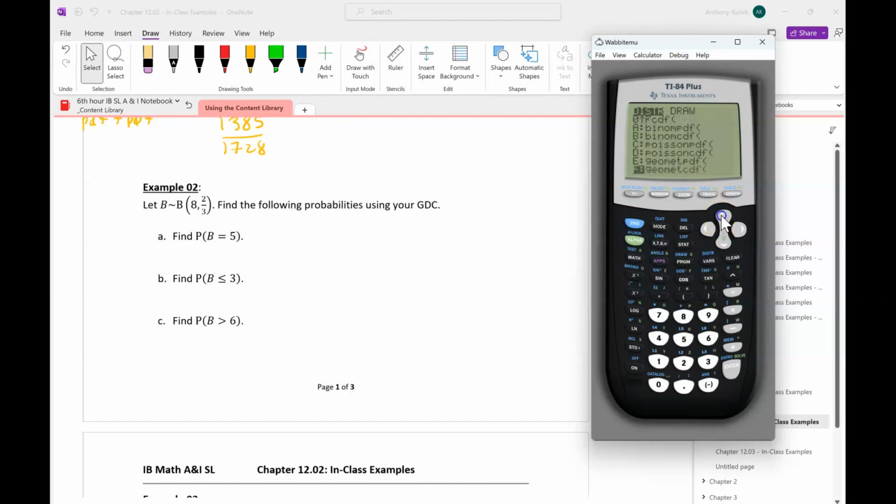Mm-hmm. Okay. Which one of the two do I pick? PDF? Correct, because it's an equals. Number of trials is? Very good. And the P is 2/3. Good. And the X is 5. Great. And you're done. So 0.273.